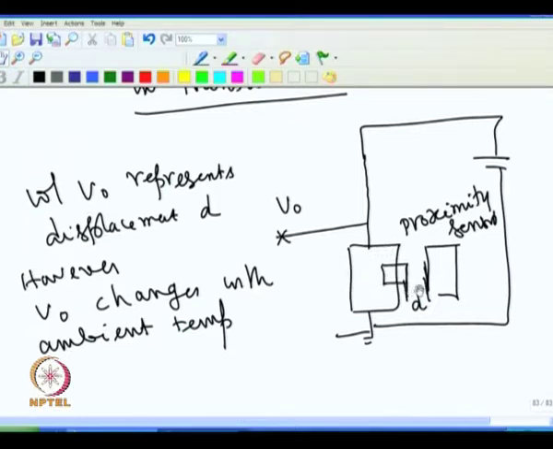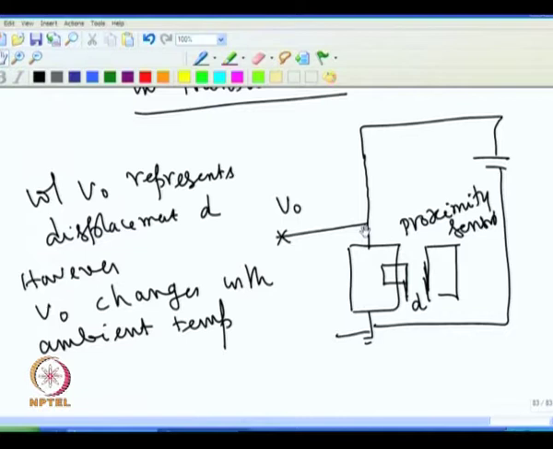So, even though for a given distance D is not changing, voltage V0 will be changing. This is a major challenge in analog circuits, because temperature drift is a real issue in most circuits, particularly transducers.